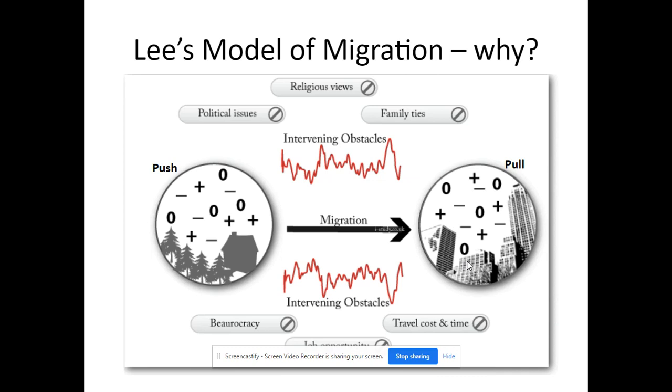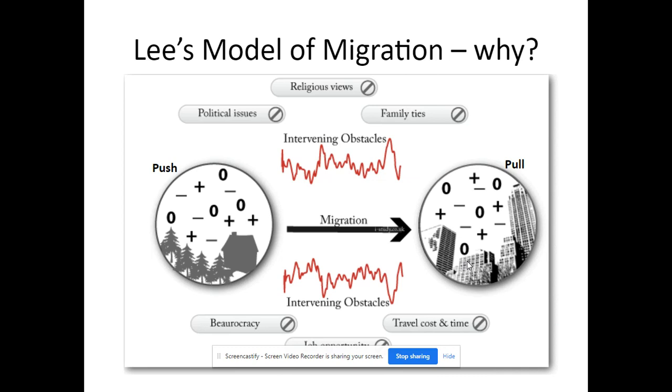Well, maybe you have decided to go to Fairview and you're all ready to go, and the chemistry equation seems to be tipping. Well, the idea of an intervening obstacle, Lee said, is something that gets in the way of migration. So maybe you were all set to go to Fairview, and then this past summer, you met the love of your life.